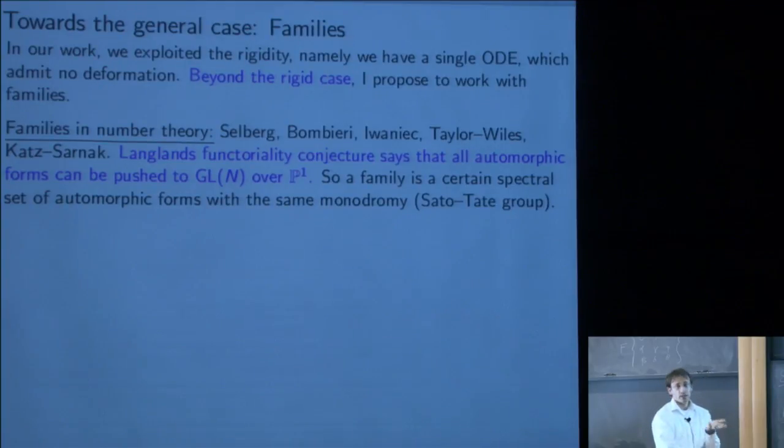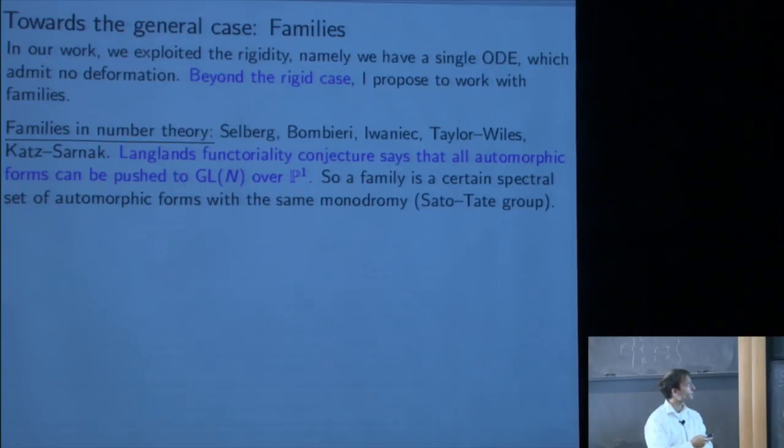If it's not rigid, what you have is essentially a family of objects. You have a family of ODEs which vary with a parameter. In number theory, we already have the technology to deal with families. It goes back a long way.